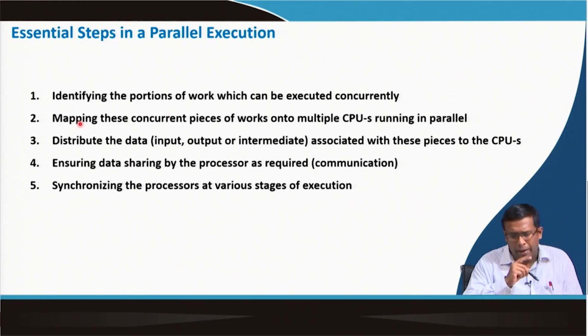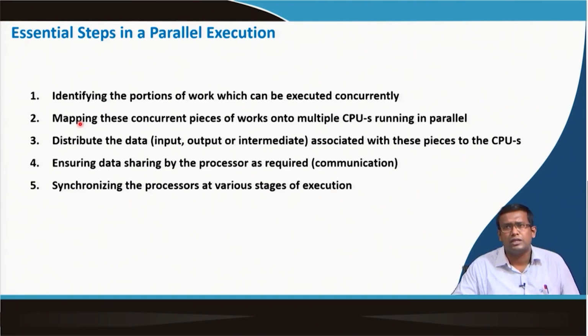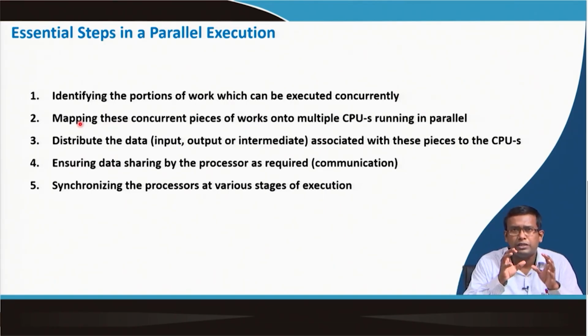Then comes the mapping part. What is important in mapping the work to different processors, what are the important considerations here? One of the important considerations is that when you are mapping this to different processors, one point which has to be taken care of is that all the processors are getting almost the same amount of work.